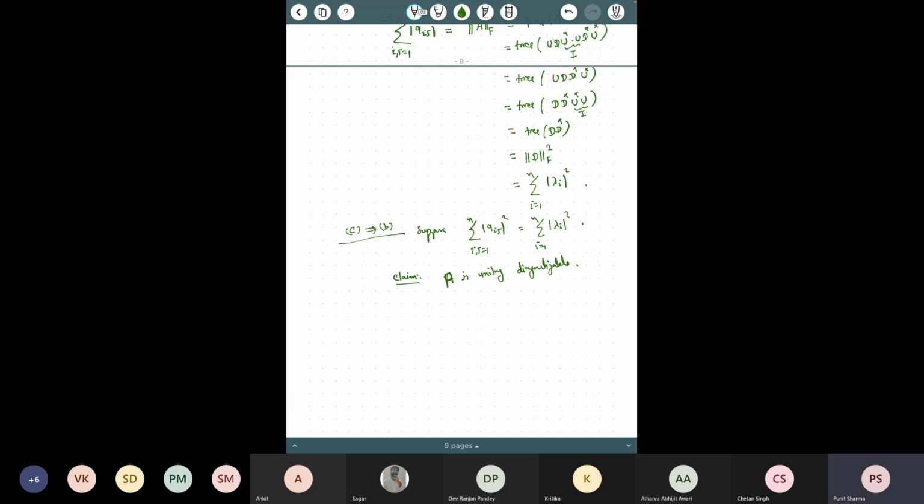So you apply Schur's lemma and then you tell me how to proceed here. We have to show that A is unitarily diagonalizable, using the given condition.